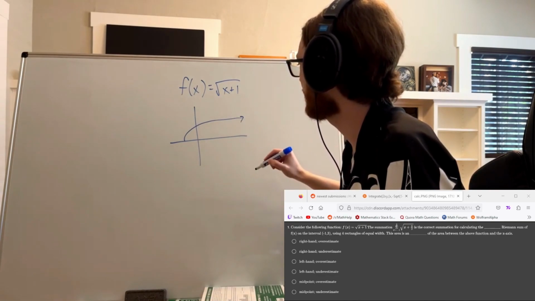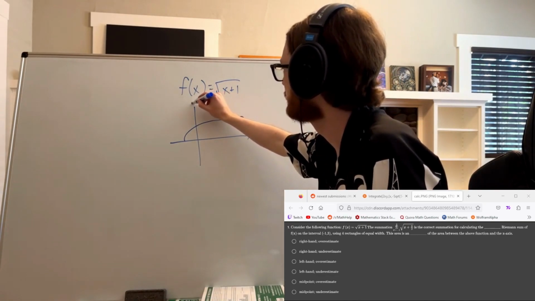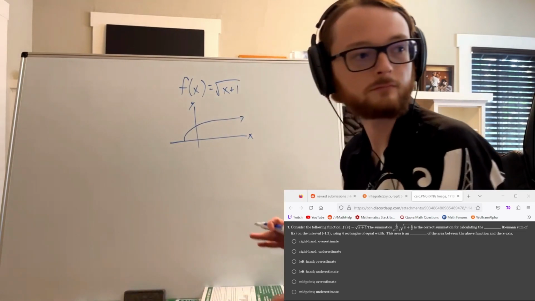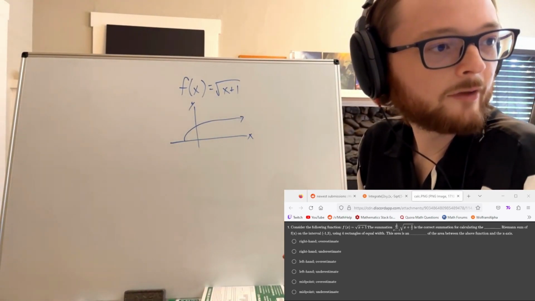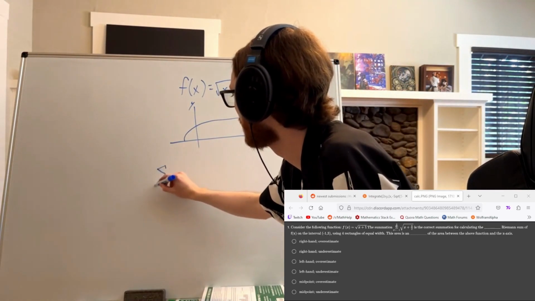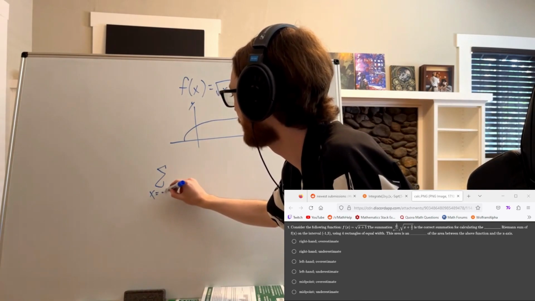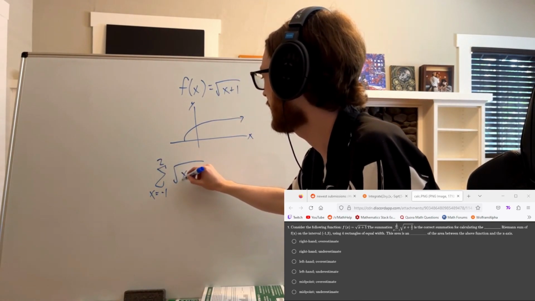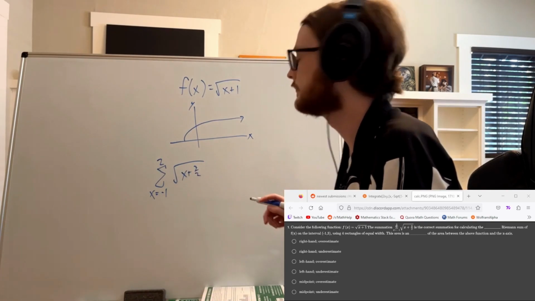So it looks something like that. And they're asking how to interpret the summation from x equals -1 to 2 of root x plus 3 over 2.